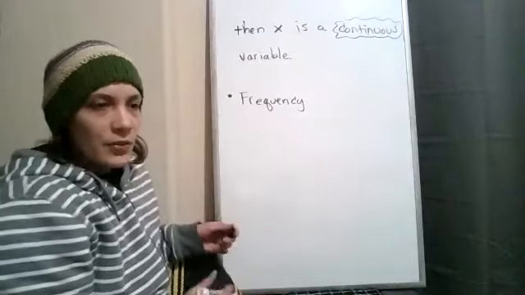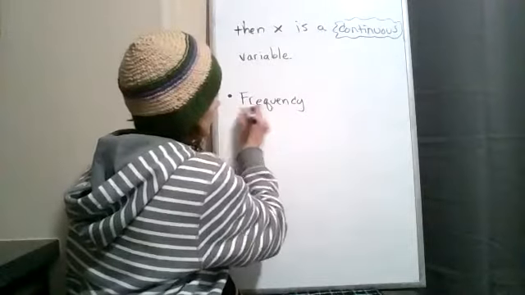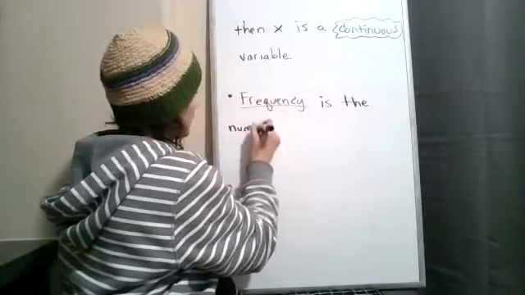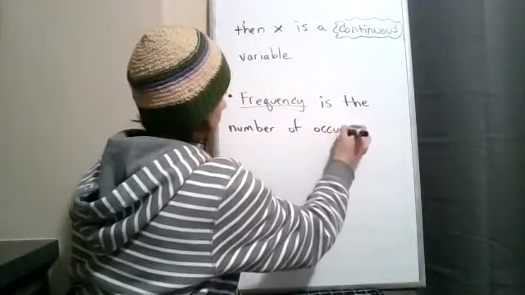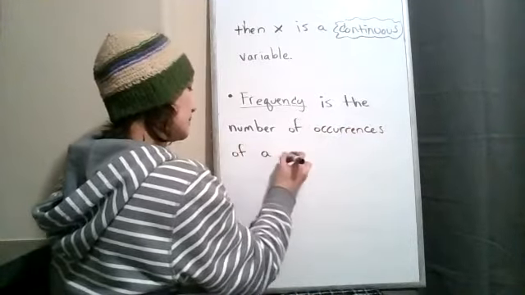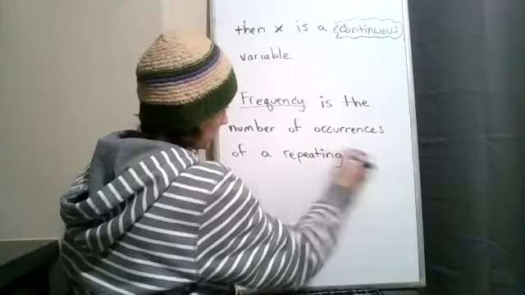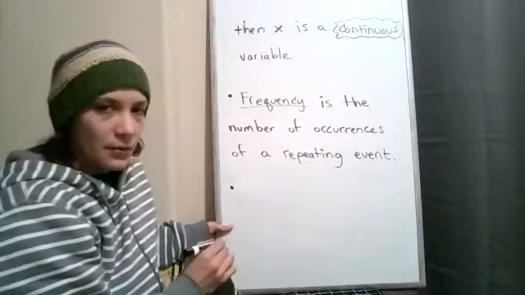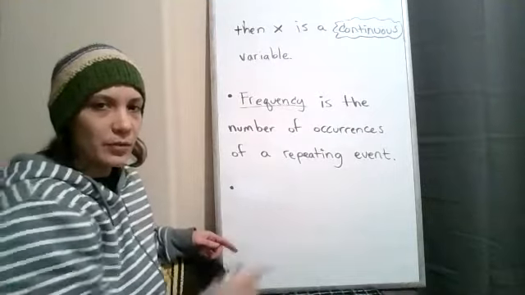Okay, frequency is the number of occurrences of a repeating event. And a frequency distribution is a table that lists values of a variable with its frequencies.